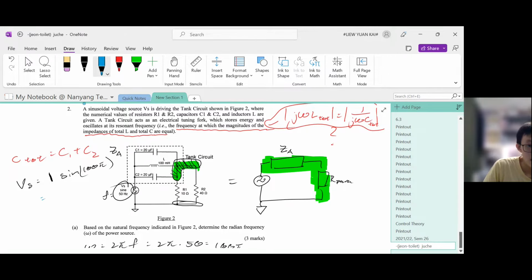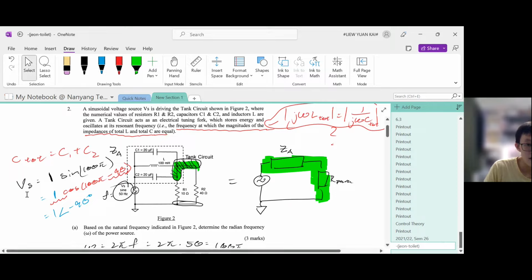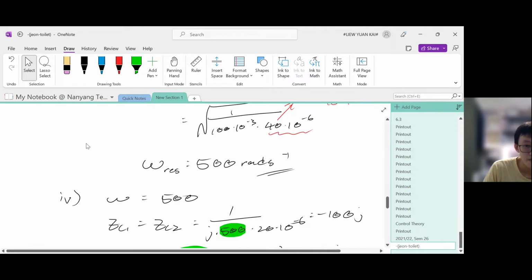We change this to cosine first: 100 pi minus 90 degrees. Then as a phasor, you take this and this. That would be 1 at an angle of negative 90 degrees. So this is the phasor of Vs.